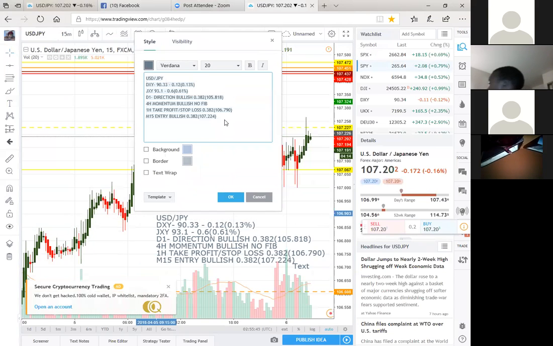And then you want to put those numbers in on that, the take profit and stop loss, so you'll have it when you come back to your chart. Okay. So I put that in addition to the ones I already have. Yeah, but you can just write it up under the M15, like SL for your stop loss, TP for your take profit. That way it's kind of in order. You have your entry, stop loss, take profit.